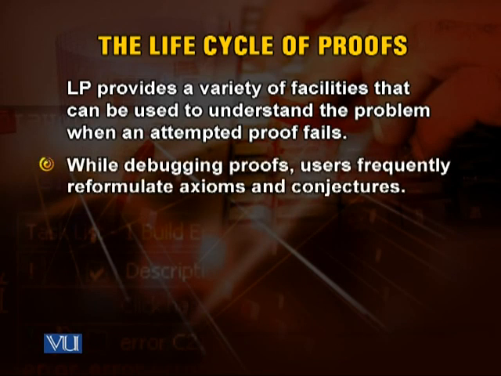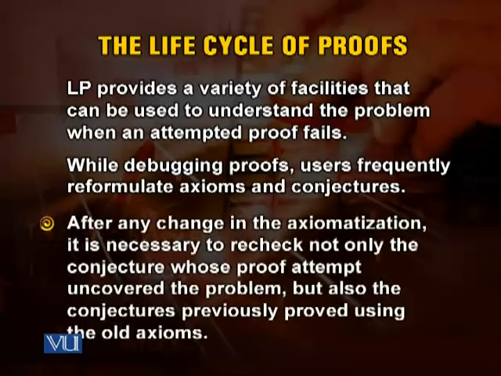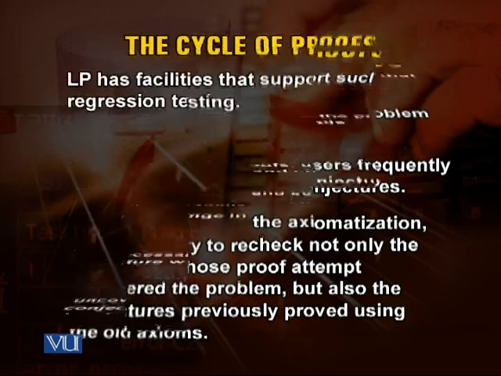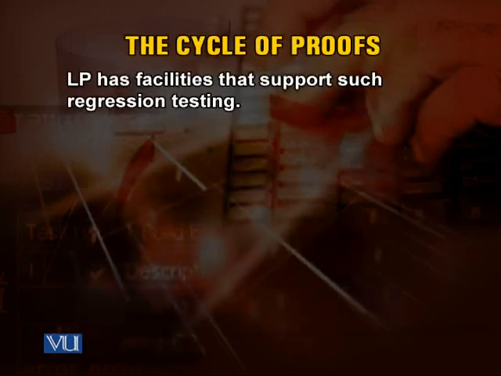While debugging proofs, users frequently reformulate axioms and conjectures. After any change in the axiomatization, it is necessary to recheck not only the conjecture whose proof attempt uncovered the problem, but also the conjectures previously proved using the old axioms. LP has facilities that support such regression testing.